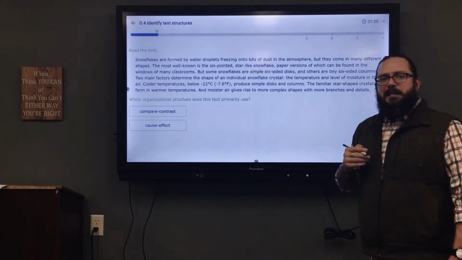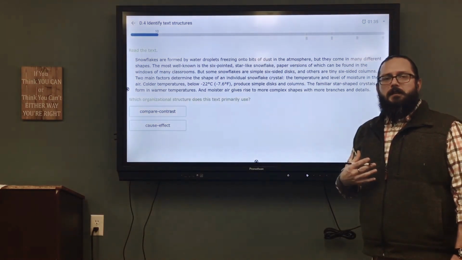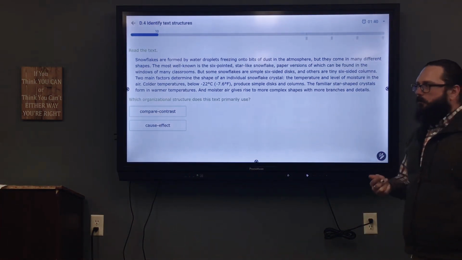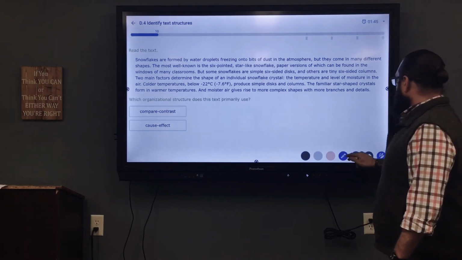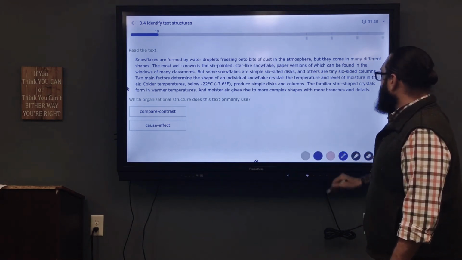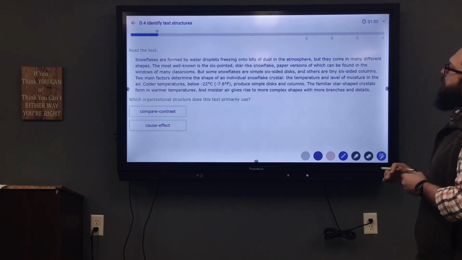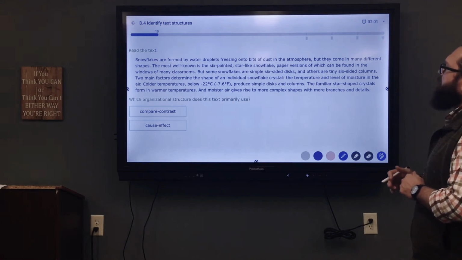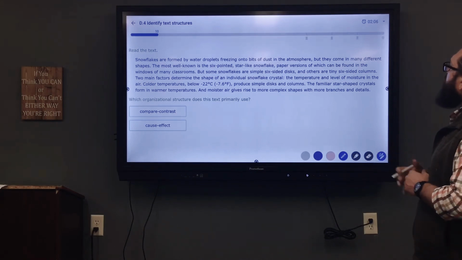So let's see if we can identify some signal words in this passage to help us determine whether this is a cause and effect relationship or a compare-contrast relationship. To begin, let's look at the passage line by line. Snowflakes are formed by water droplets freezing onto bits of dust in the atmosphere, but they come in many different shapes. The most well-known is six-pointed.